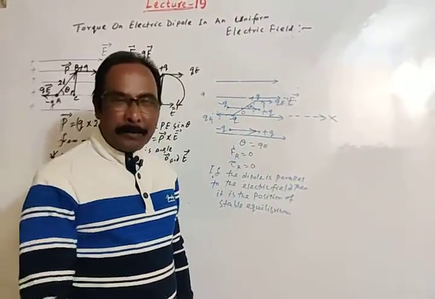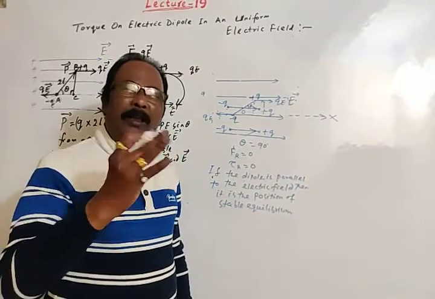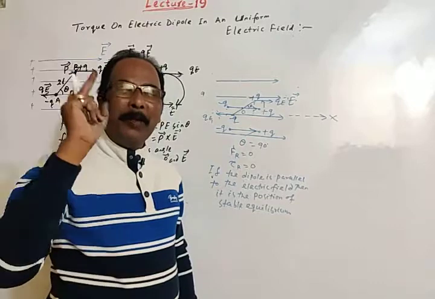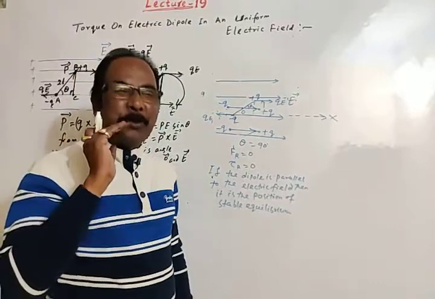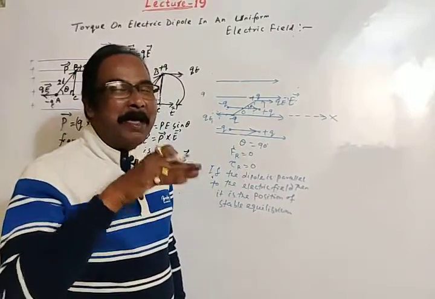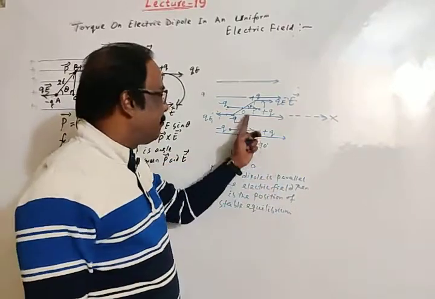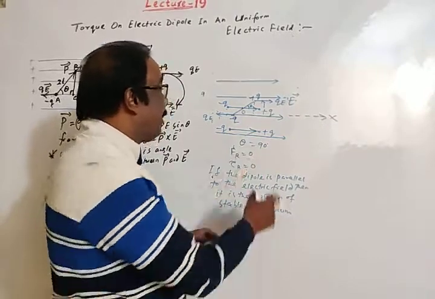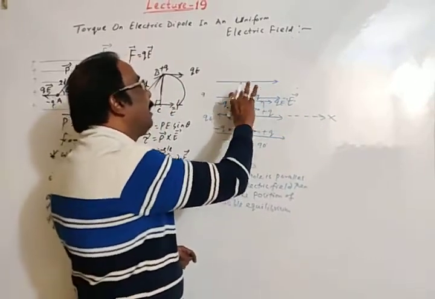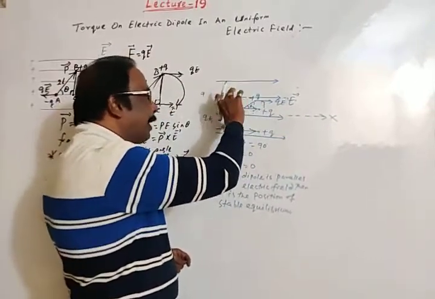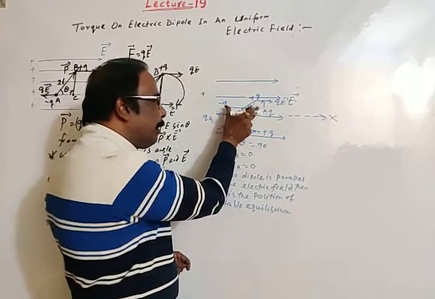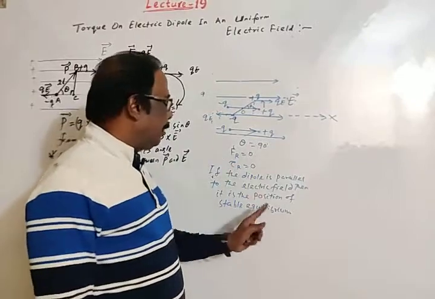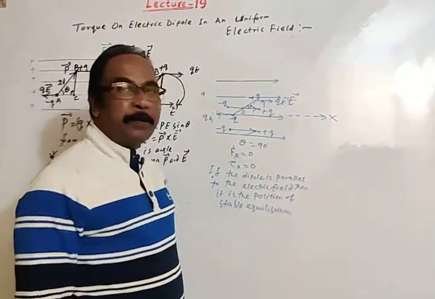This is the concept. The tendency of a dipole in a uniform electric field is to orient itself parallel to the direction of electric field. So if I tilt the dipole through an angle, it will come back to its original position, parallel to the direction of electric field. So this is the position of stable equilibrium.